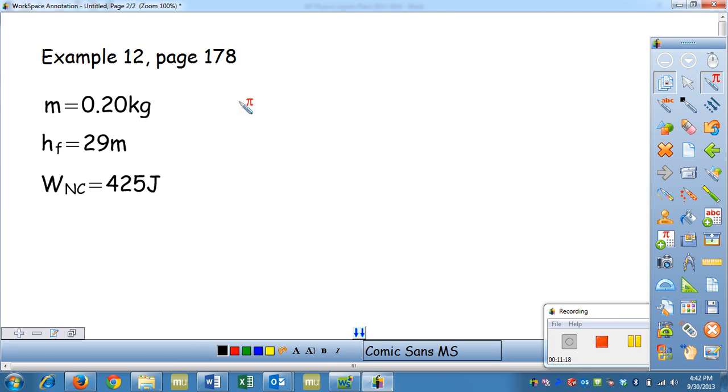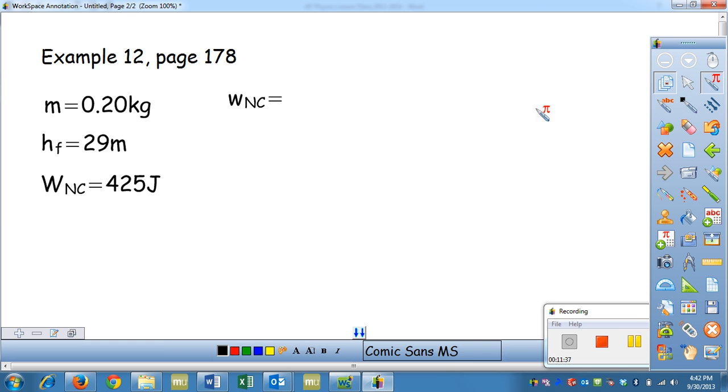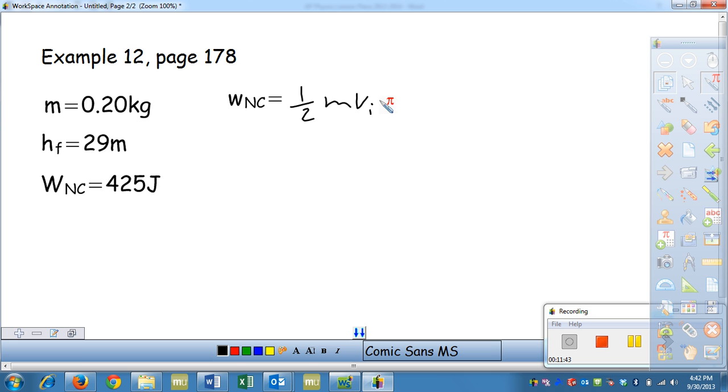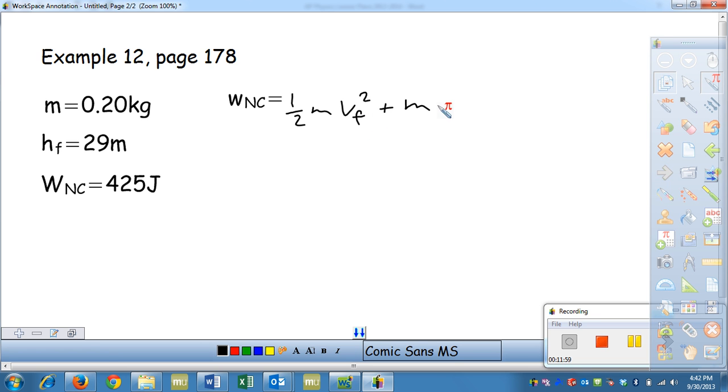So basically, work done by non-conservative forces equals 1/2 mv final squared plus mgh final.